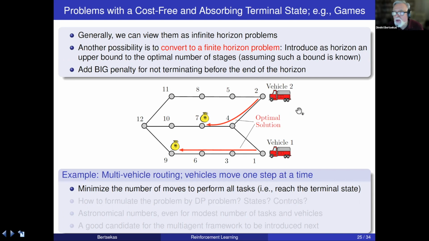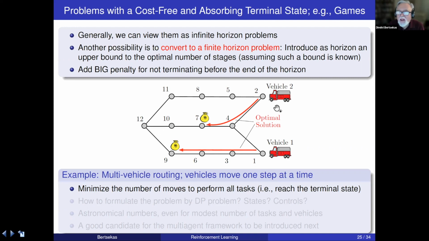How can we convert it to a finite horizon problem? There are policies, not very intelligent, that can execute for an infinite amount of time. For example, let's take a vehicle that goes back and forth between 2 and 5 here forever and ever, okay? And similarly, there are policies for other vehicles that just go around aimlessly, and there's no way you can bound the number of stages needed for policies like that.